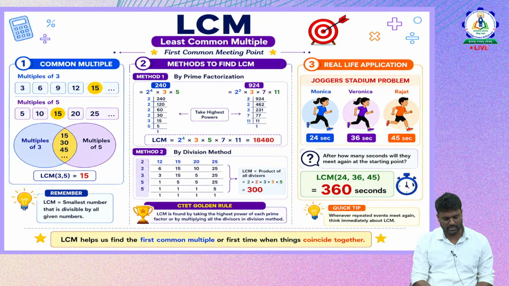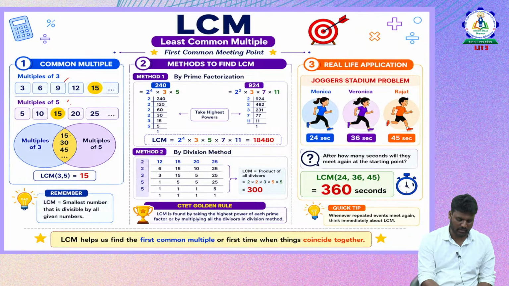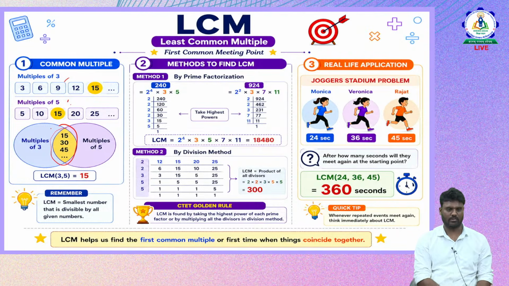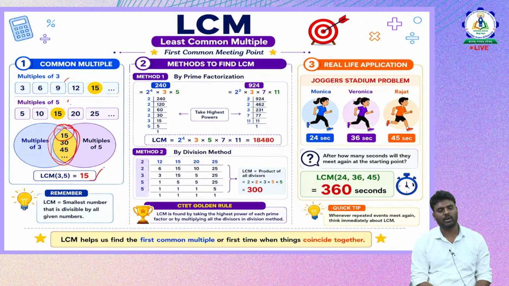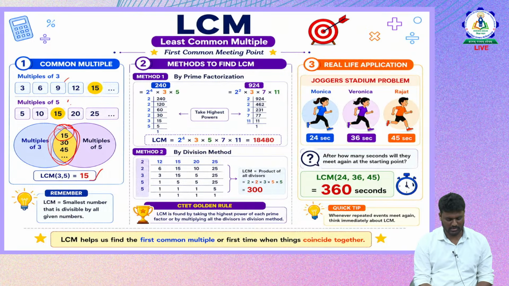Now out of these, what is the least common multiple of 3 and 5? The common multiples are 15, 30, 45. Out of these three numbers, 15 is the first one, the least common multiple of 3 and 5. This is one way to identify the least common multiple of any two given numbers.